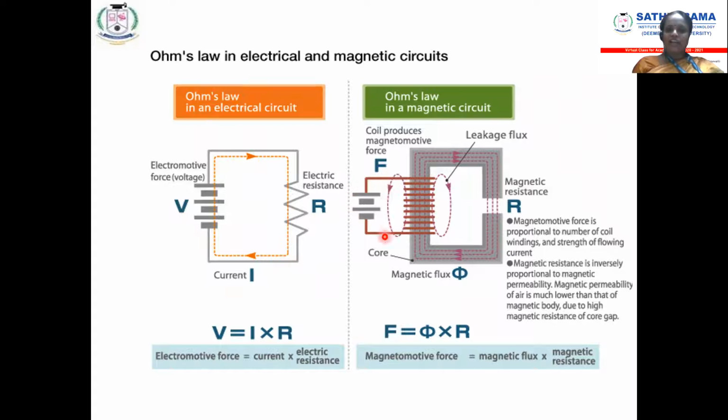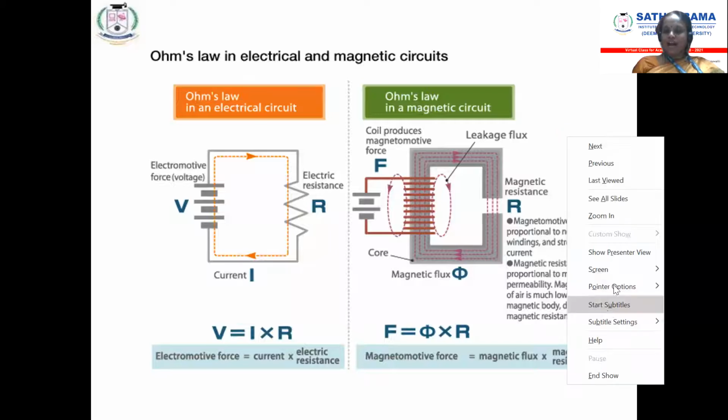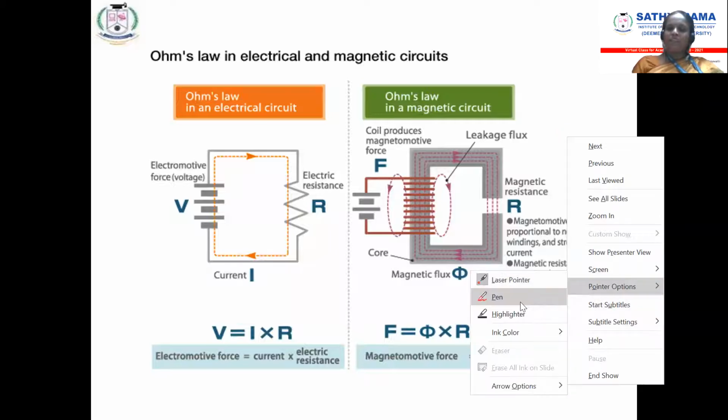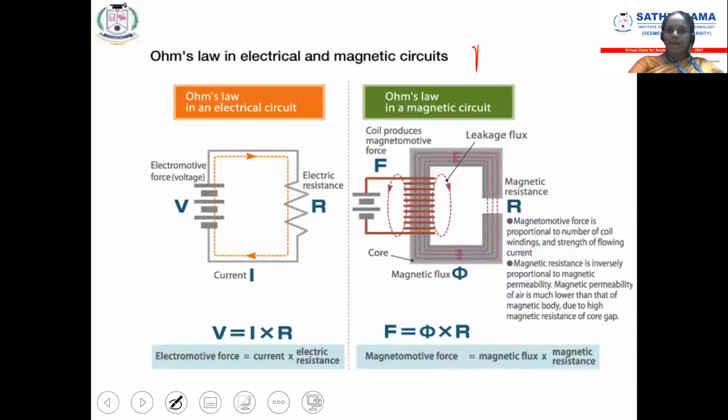This magnetomotive force is proportional to the number of coil windings and the strength of the current flowing through it. The formula for magnetomotive force, I told you, is MMF equals N into I.